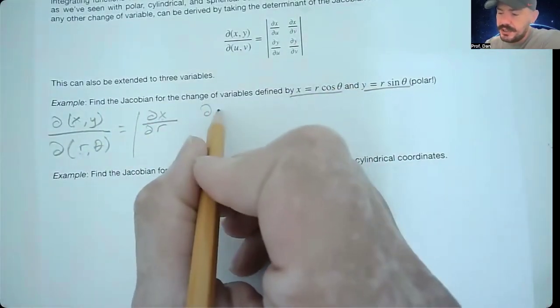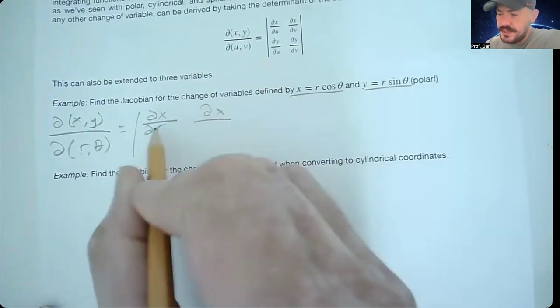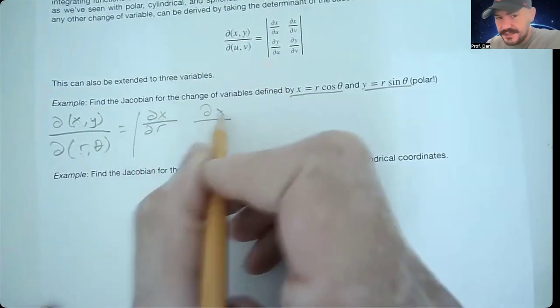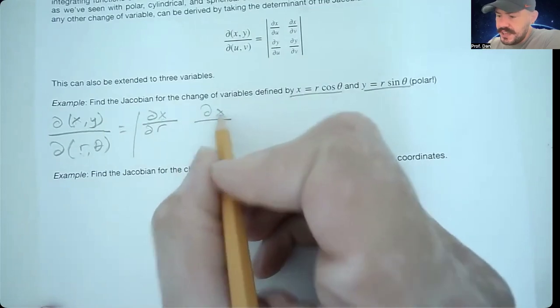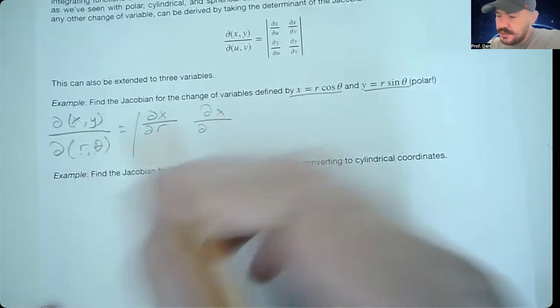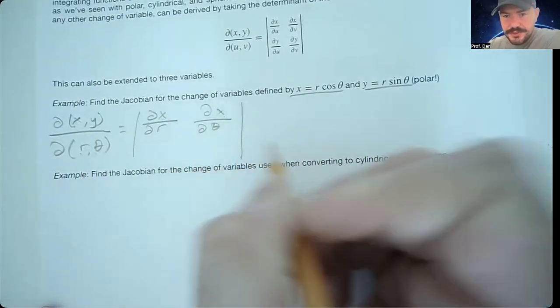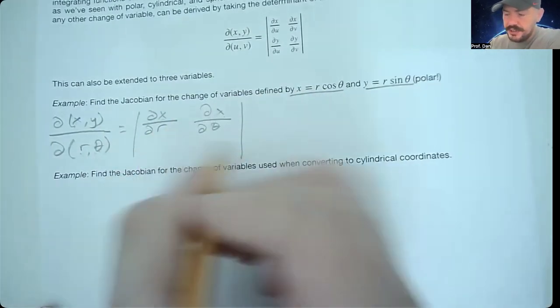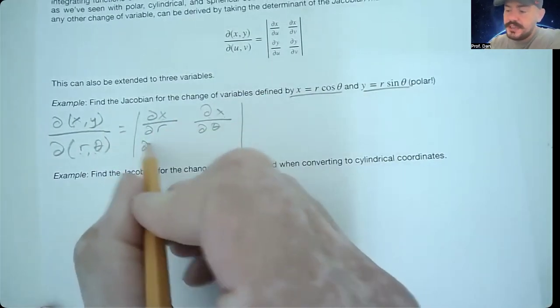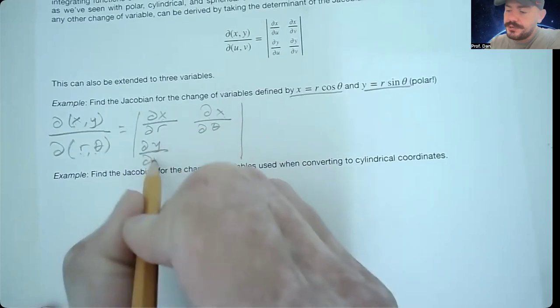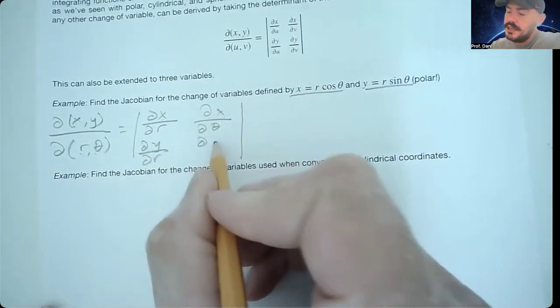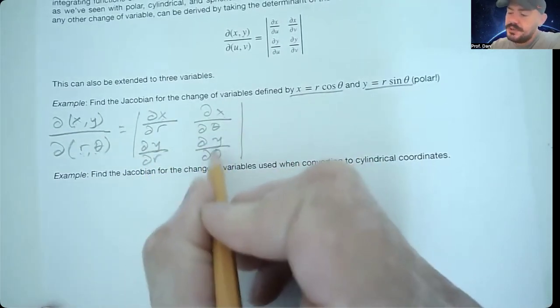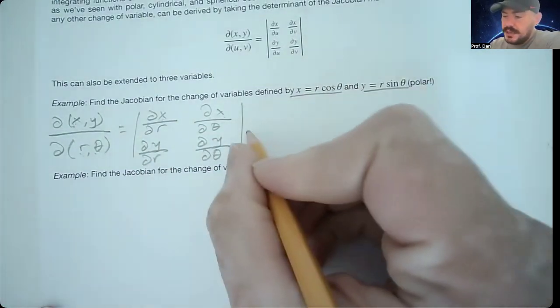And all along the first row, I'm writing out the rest of the partials of x, so partial of x with respect to the other variable theta. That's the first row. On the second row, I'm going to write out the partial derivatives for y. So we have partial of y with respect to r and partial of y with respect to theta.